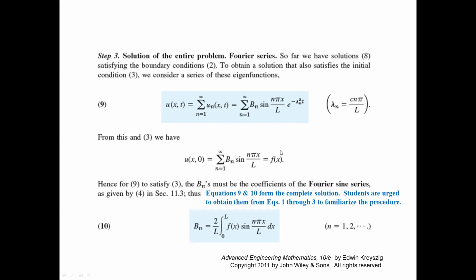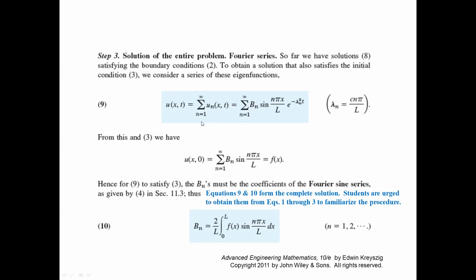This f can be an arbitrarily given initial temperature distribution. And without this summation, we cannot find Bn that will satisfy this equation. Therefore, we look at the sum of all possible un for its solution. This is the final form of the solution.